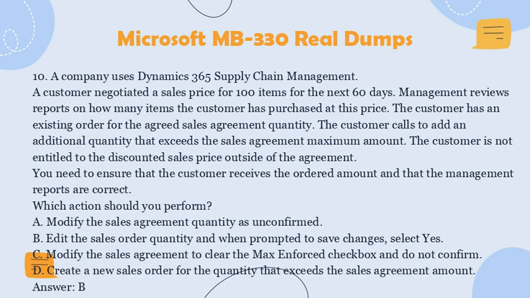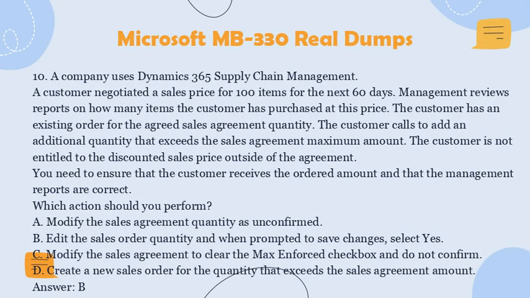10. A company uses Dynamics 365 Supply Chain Management. A customer negotiated a sales price for 100 items for the next 60 days. Management reviews reports on how many items the customer has purchased at this price. The customer has an existing order for the agreed sales agreement quantity.